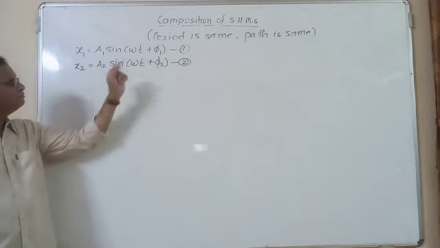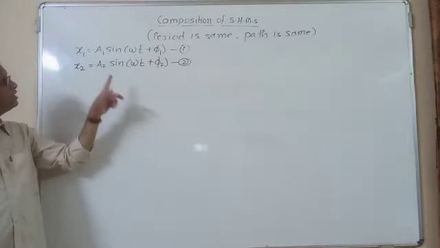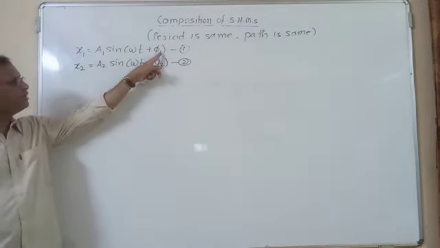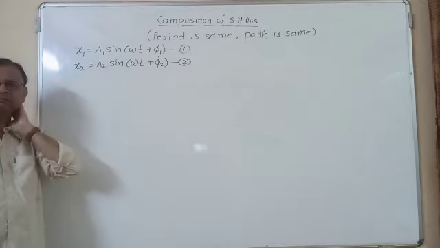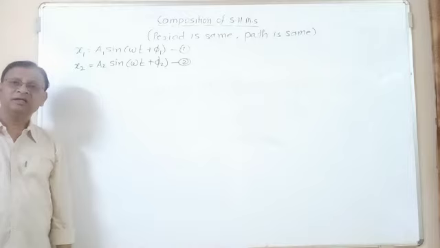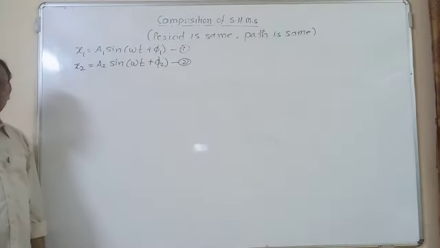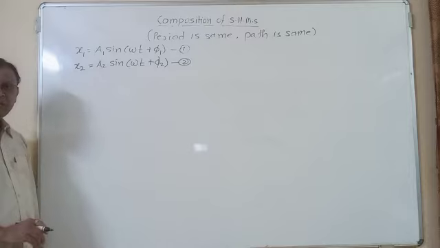Period is the same, so angular frequency is the same here, but amplitudes and initial phases are different. a1 and a2 are the amplitudes and phi1 and phi2 are the initial phases of the two simple harmonic motions.